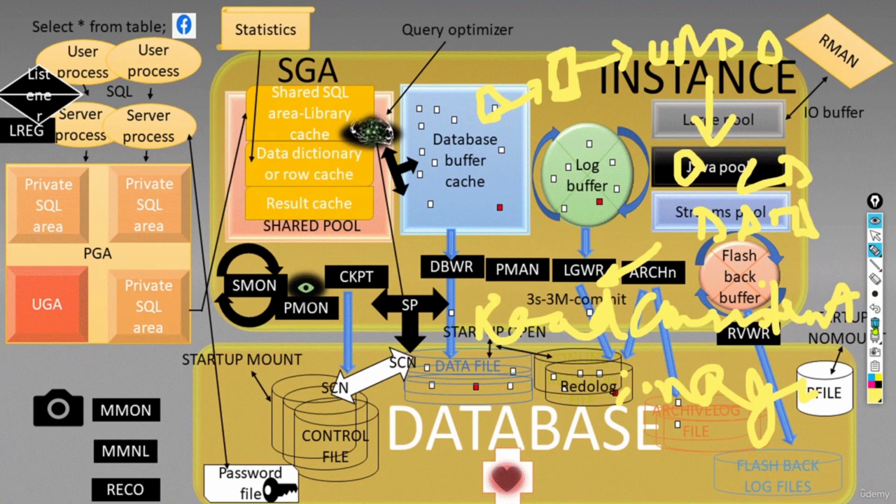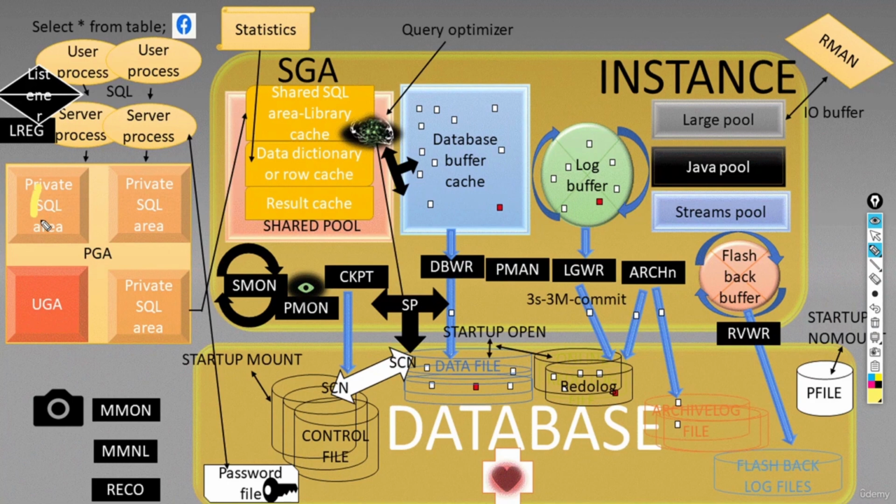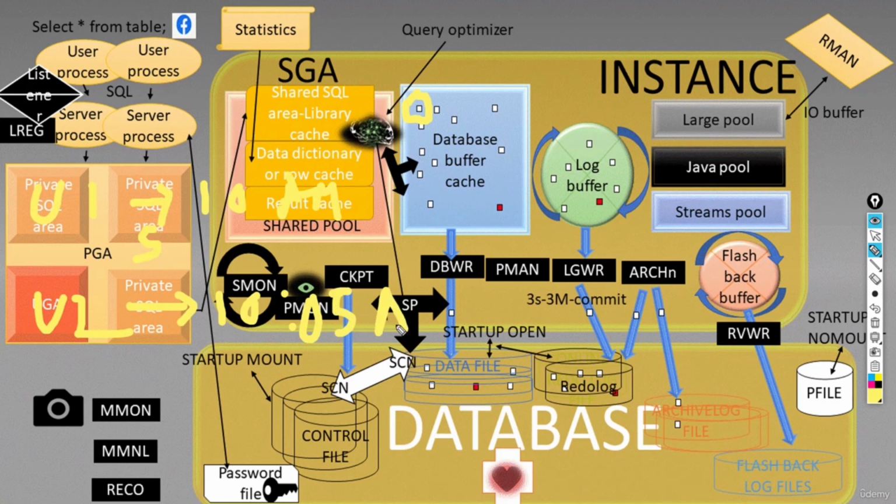Let me show you an example. Say there are two users, user 1 and user 2, and user 1 is scanning this particular block. He is executing a select query to retrieve the records from this data block at 10 a.m. After 5 minutes, user 2, at 10:05 a.m., is modifying the same data block which is accessed by user 1.